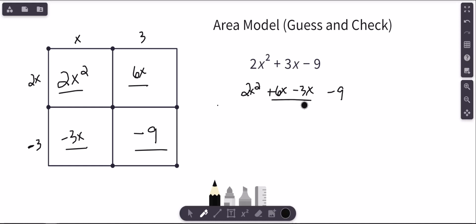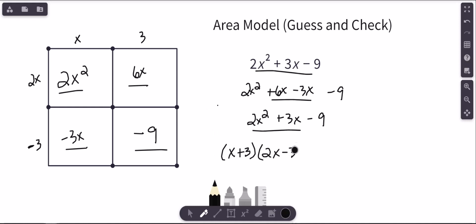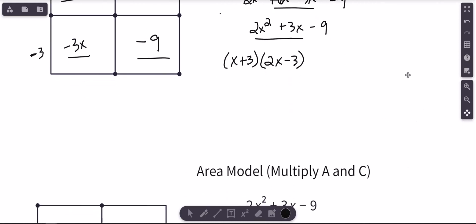And so when we combine 6x and -3x, that gives us 3x. So we have 2x squared plus 3x minus 9. And since this simplified back to my original, I know that my factors are going to be x plus 3 and 2x minus 3. So we end up with the same factors that we got when we used our algebra tiles.